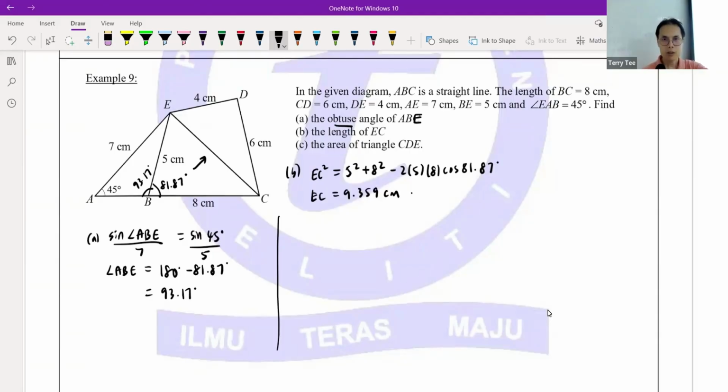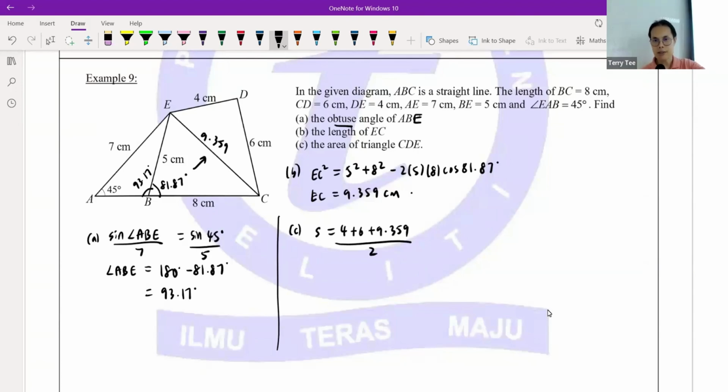9.359. Okay, so once you got this, can you find the area of triangle CDE? If this is 9.359, we can use Heron's formula because you're given the lengths of all three sides, right? So let's use Heron's formula. Your semi-perimeter is 4 plus 6 plus 9.359, divided by 2.